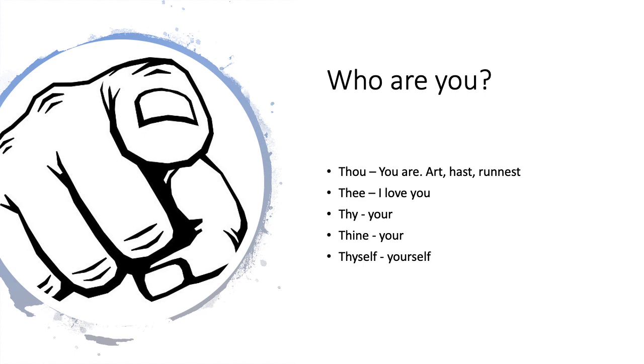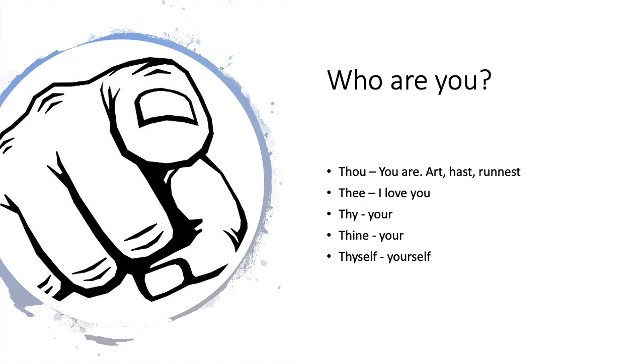There is also the version of you which is pronounced thee. So thee means you as well, but this time this is the objective use. This is used normally at the end of a sentence. It's normally after some sort of declaration. So I love you would be I love thee. Thy is your, so pick up thy sword.